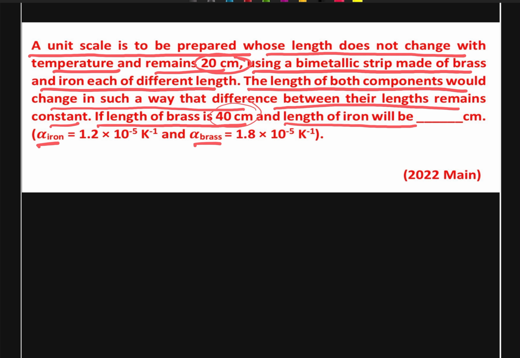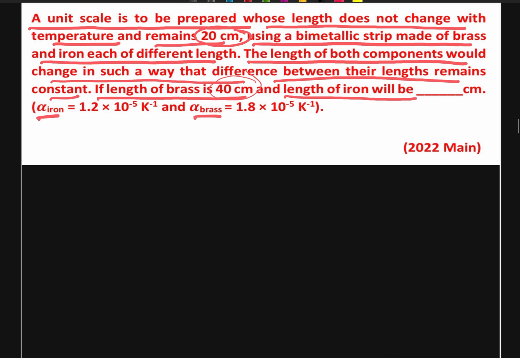So we have to remember that the effective length is always 20 centimeter, and the difference in lengths of brass and iron remains constant with temperature, that is given in the question.